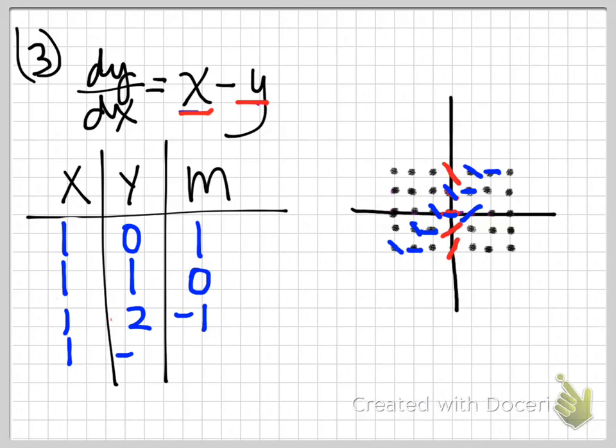If I do 1, negative 1, I get a slope of what, 0? So I think I see something else that's going to happen, but we'll have to check that in a second. And then if I do 1, negative 2, my slope's going to be 3, which is much sharper.